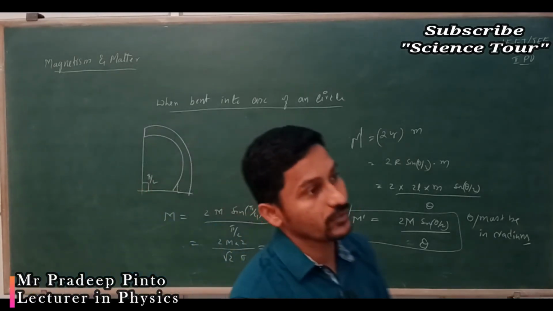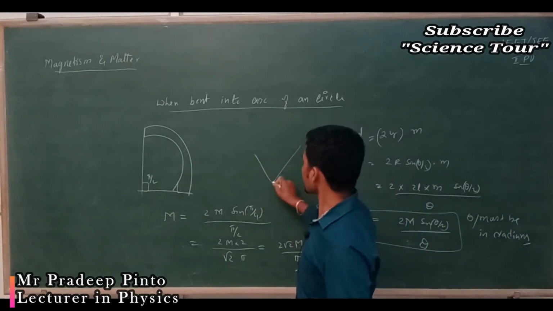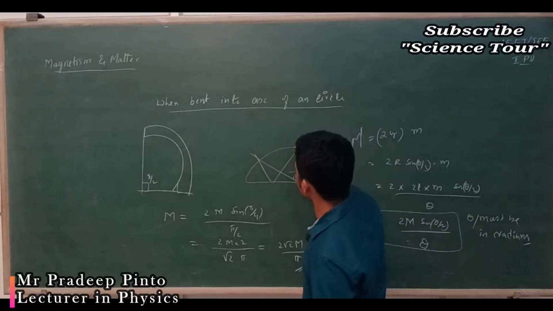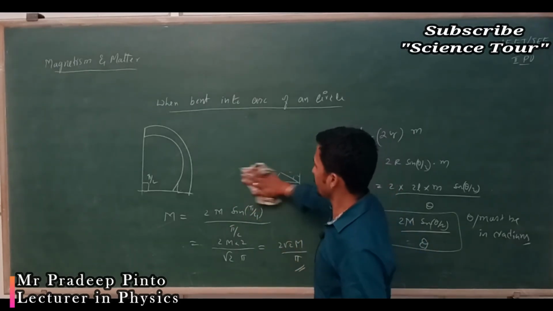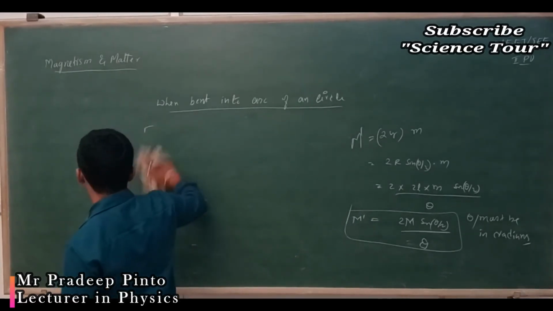And suppose it makes an angle theta; earlier it was in this way, if you write it down in this way, that is 90 degrees. What is the value we are going to get? So that way you found.